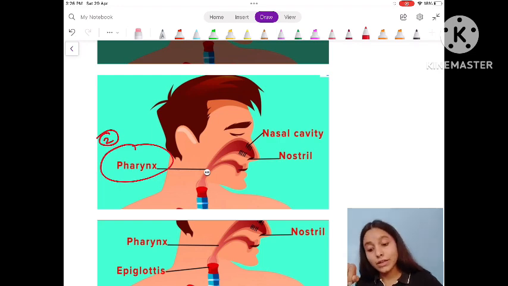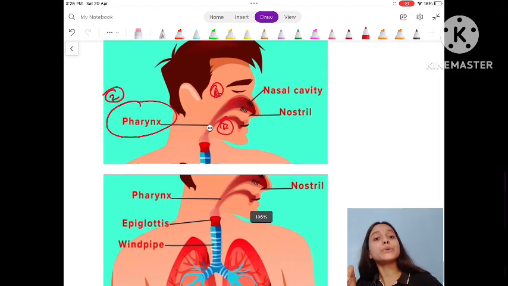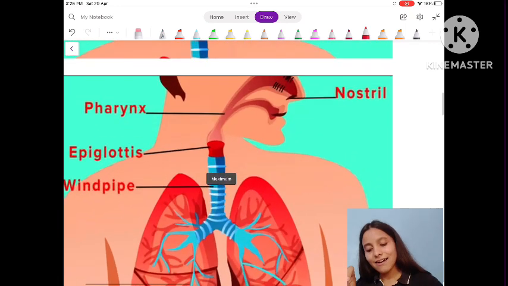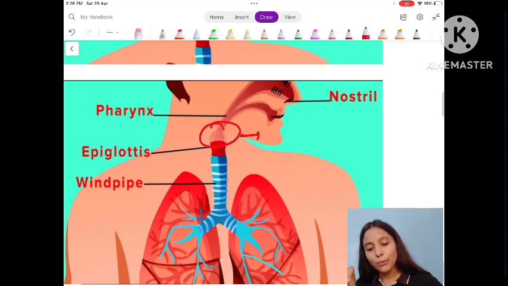The pharynx is the common passage of air and food, and this pharynx then opens into a cartilaginous structure which is called the larynx.